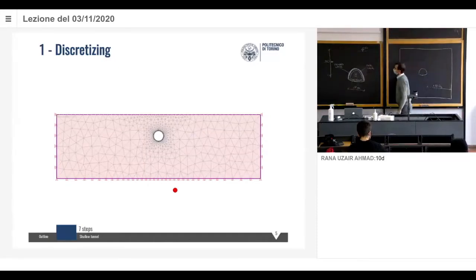Luckily, in our case, this is 300, so we did not have to argue on that. And we can build our model like this. We need to discretize, which means dividing all the region in smaller elements.